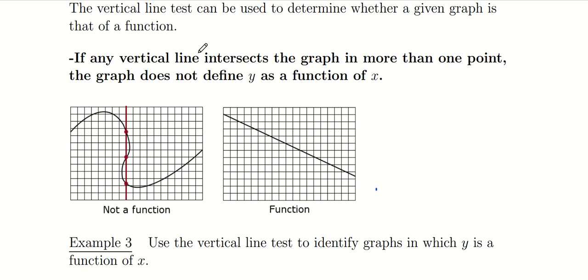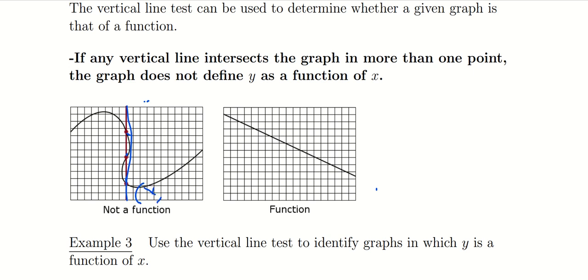If any vertical line intersects the graph at more than one point, so for example, if I look at this graph here on the left, there's a single vertical line. That single vertical line would correspond to just one value of x. And what's going on here is that it's intersecting the graph in 3 different places. That will give us 3 different y values.